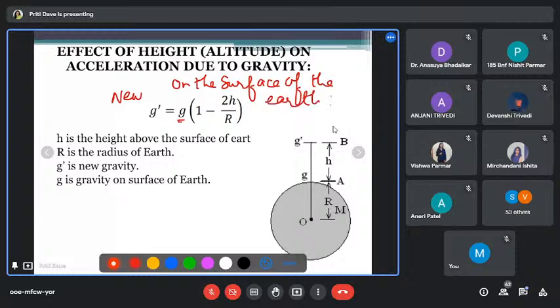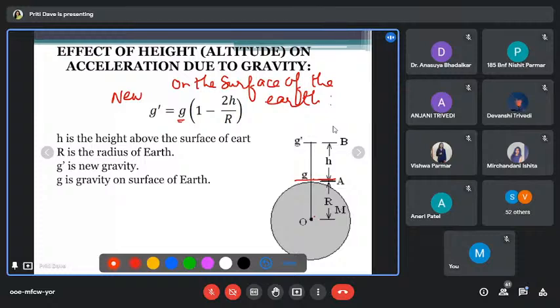We can see that as you move up, your acceleration due to gravity decreases, where h is the height from the surface of Earth, r is the radius, and g dash is the new gravity. So as you climb up a tall mountain or as you move up in space, your gravity goes on decreasing. Of course, everybody is aware that there is only a range up to which gravity exists.